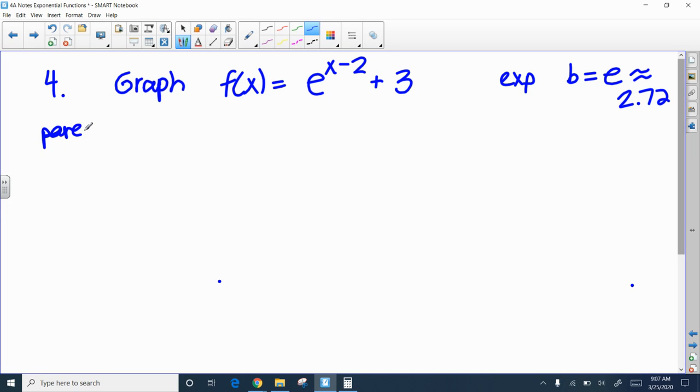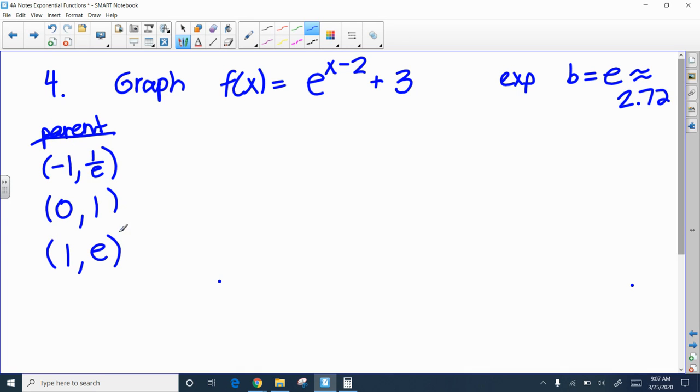So the points on our parent function would be -1, 1 over e; 0, 1; and 1, e. Now these are decimals. I could use decimal approximations as well. This, I believe, is about 0.37, and this is about 2.72. All right, and then our transformed points.